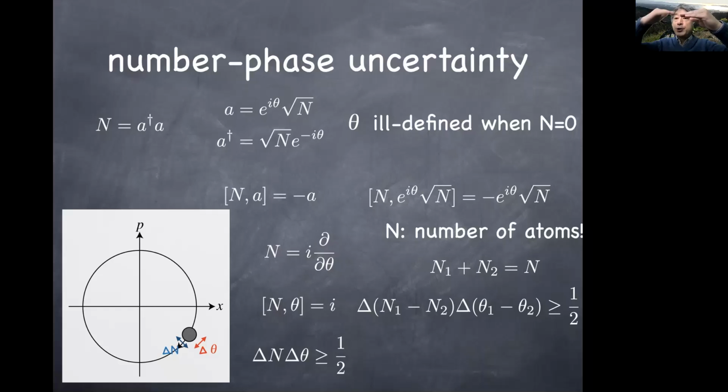Then you can take a linear superposition of states with different numbers of particles by summing up this way. But this is something you can never ever do in quantum mechanics, because your Hilbert space has a fixed number of particles built into it. Having uncertain N forces you to take a linear superposition of states with different numbers of particles, which is possible in this big Fock space in quantum field theory.